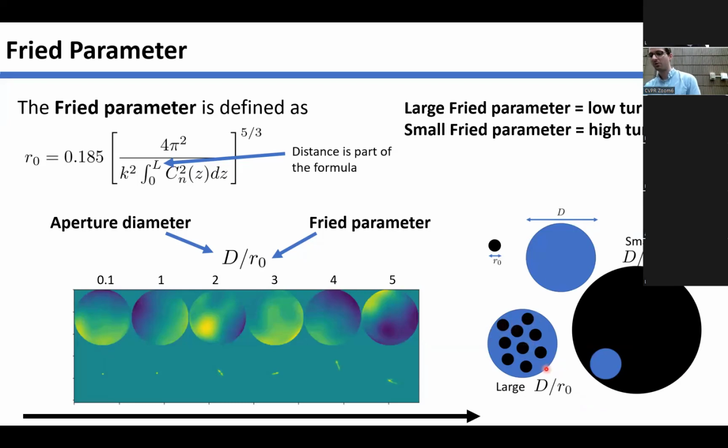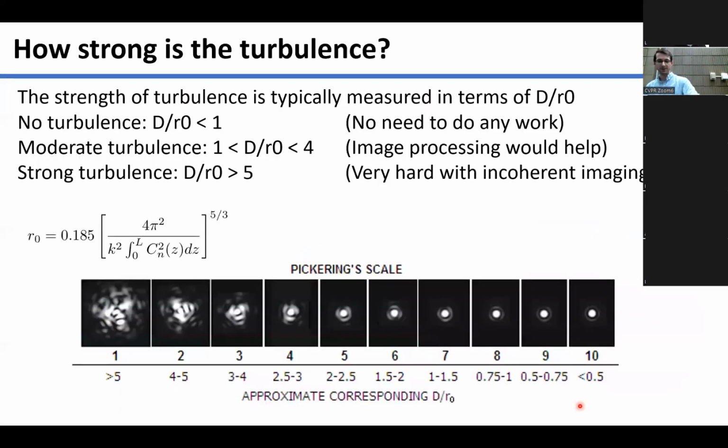And of course, across the whole aperture, that's going to correspond to a great deal of wavefront error. So it's a way of quantifying turbulence strength. So how strong is the turbulence? It's typically measured, as I said, in terms of D over r0, with no turbulence being under 1, moderate turbulence being between 1 and 4, and strong turbulence being over 5. You can see this scale right here.